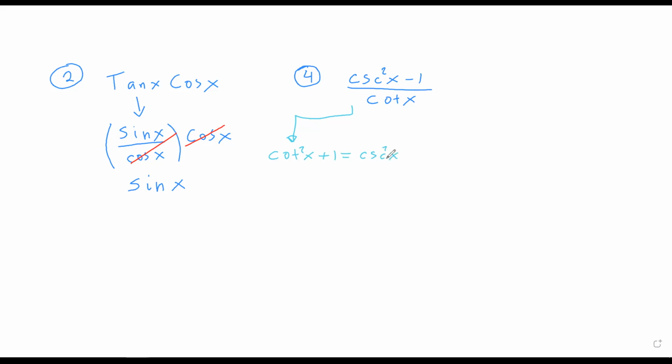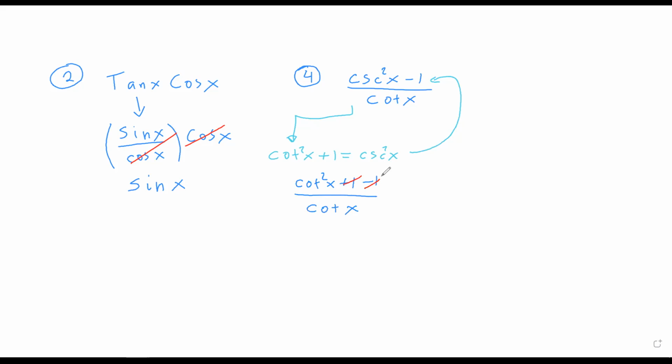So there's one Pythagorean identity that says cotangent squared of x plus 1 is equal to cosecant squared. Right? So if I substitute this in the original expression, we're going to have cotangent squared of x plus 1 minus 1 divided by cotangent of x.